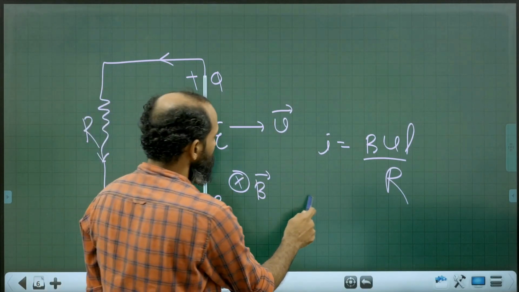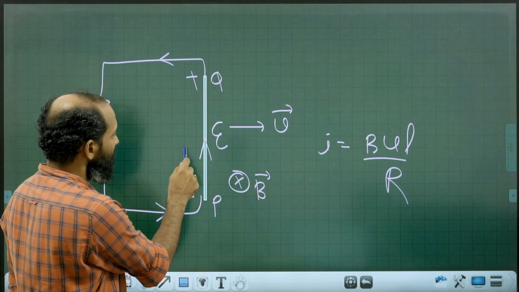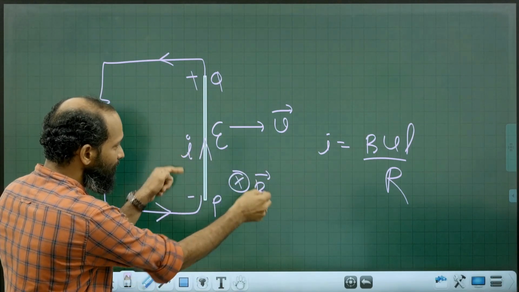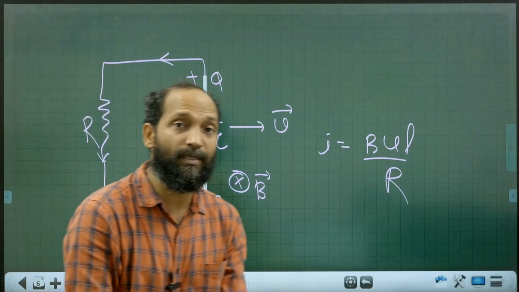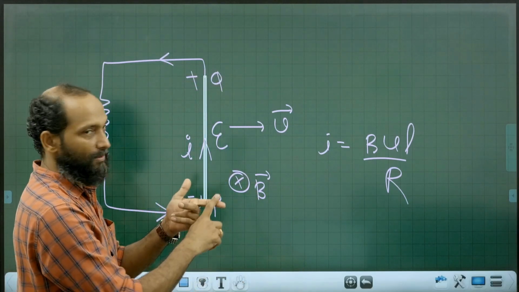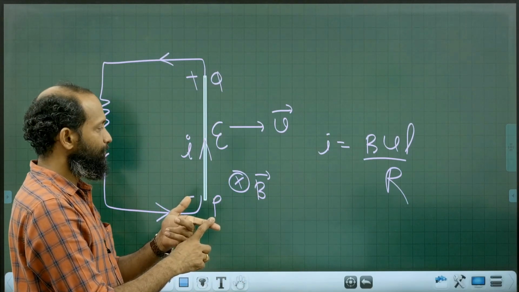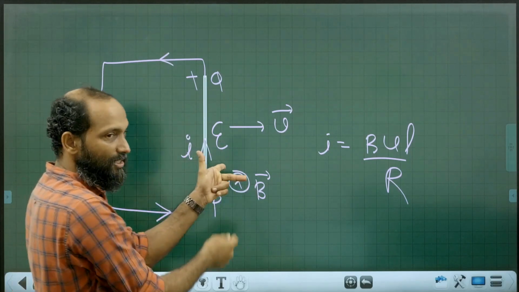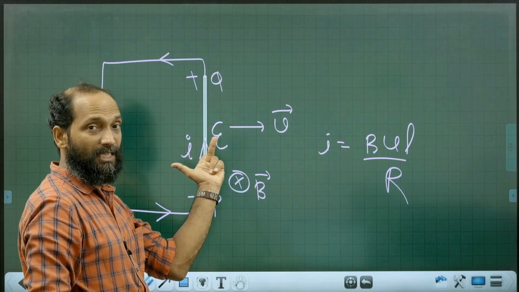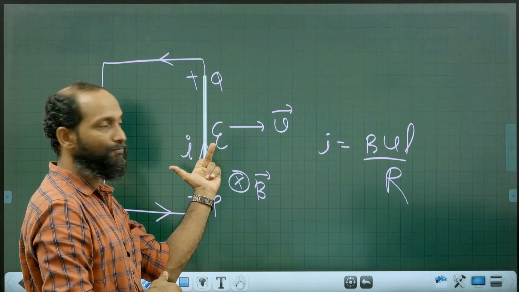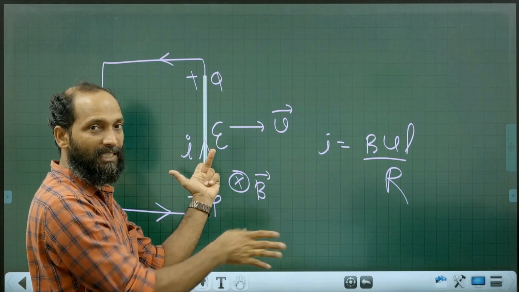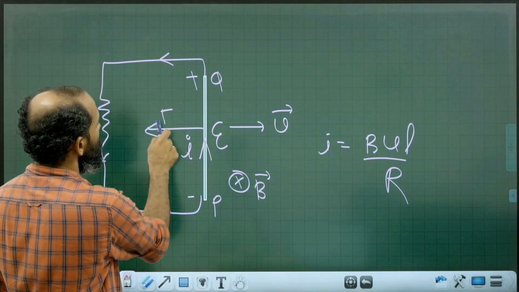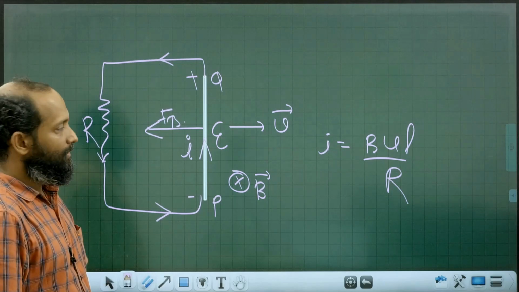Then that produces a current I. Now this is a current carrying wire in a magnetic field, certainly acted upon by the magnetic Lorentz force. Still Fleming's left hand rule: forefinger inward, middle finger current. Fleming's left hand rule is for finding the magnetic Lorentz force on a current carrying wire in a magnetic field. Thumb is the magnetic force. Magnetic force is directed towards the left.